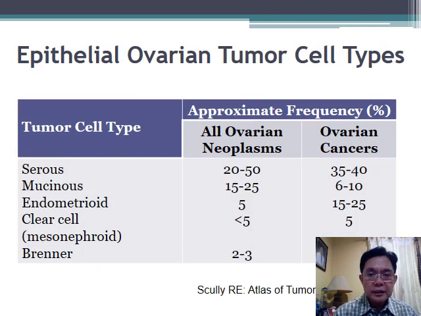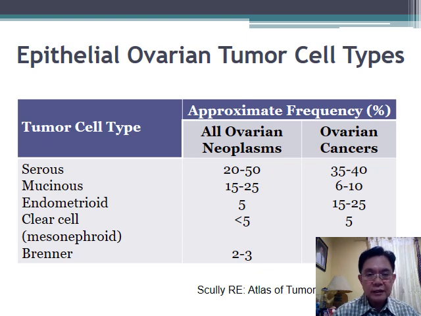So you have seen this table previously. Again, we'll now focus on ovarian cancers. So the most common epithelial ovarian cancers belong to your serous epithelial ovarian cancers, followed by your mucinous, and then your endometrioid.